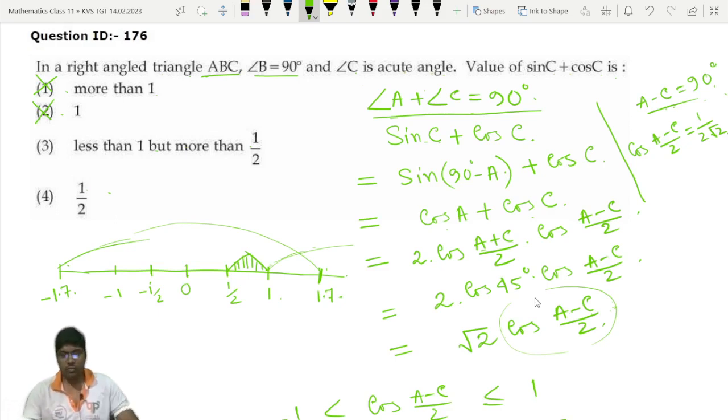This value is less than 1. No, no. 1 by 2 root 2 is not less than 1. This is also possible. Half is also possible. But then we are creating doubt between 3 and 4. Half may be possible.